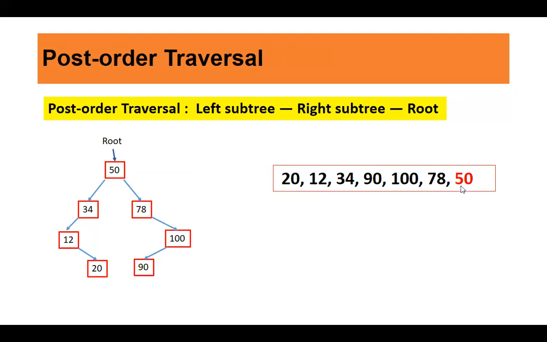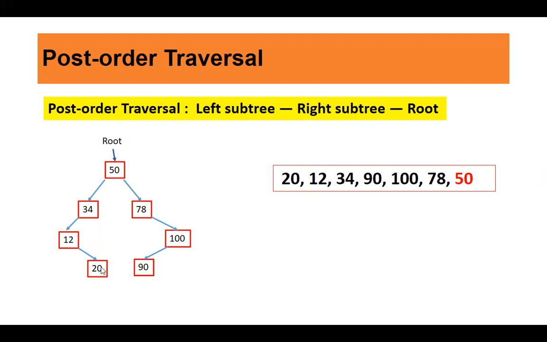Okay. The last type that we have is post-order traversal. In case of post-order traversal, again you visit the left subtree first, then the right subtree, and at the end you visit the root. So the root is at the end. Fine. So you start and go to the leftmost node. There is no left child, but it has a right child.